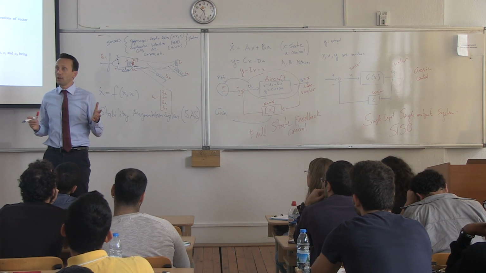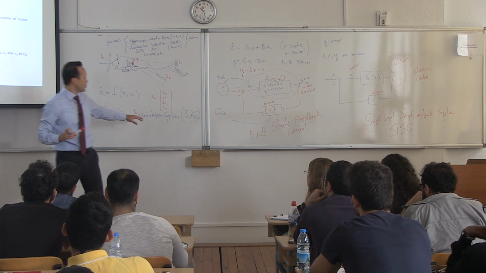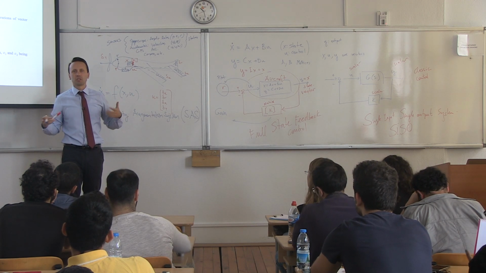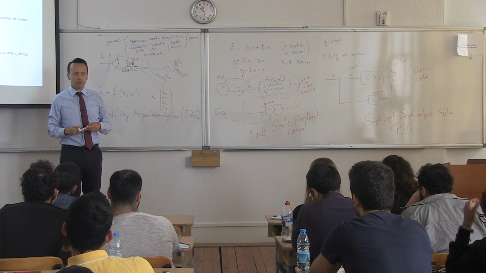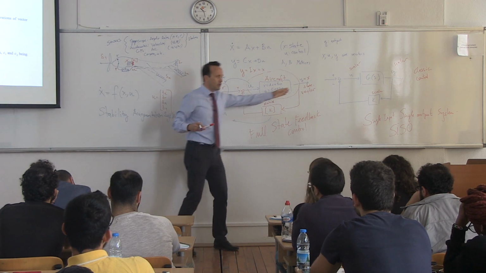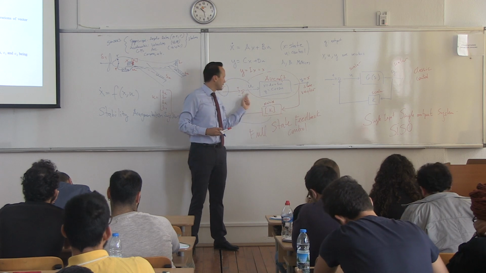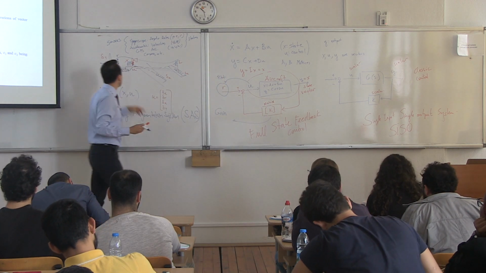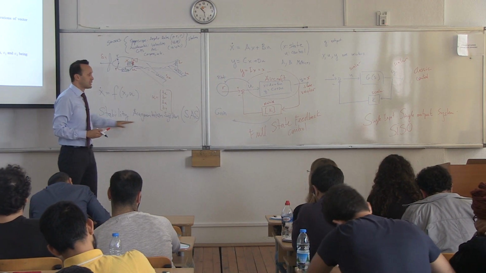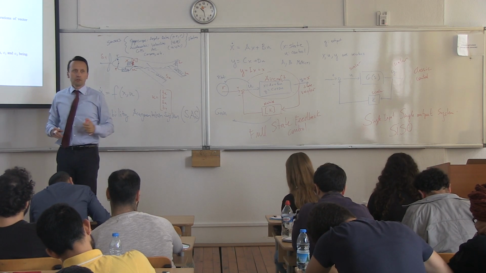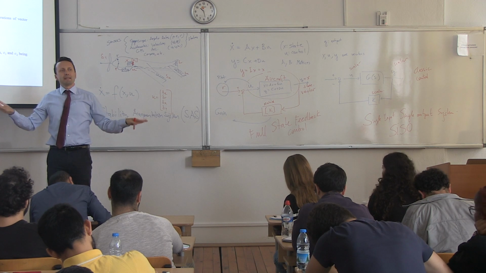It's called a stability augmentation system, which means augmentation means improve it, make it better. Improve the stability of the system. So improving the stability of the system looks just like this. You take the state, multiply it, and intervene with the pilot input. You intervene over here. We call it the stability augmentation system. So it just stabilizes the airplane, makes it fly nicer.